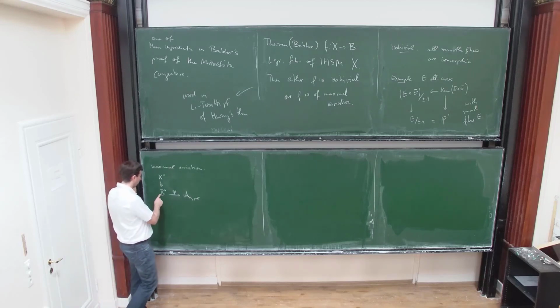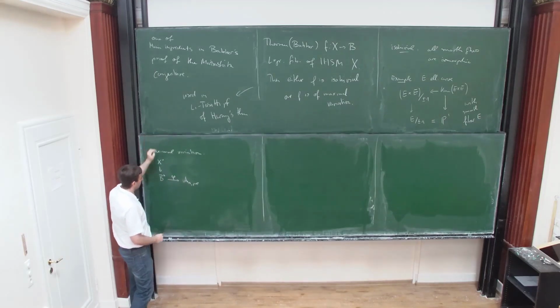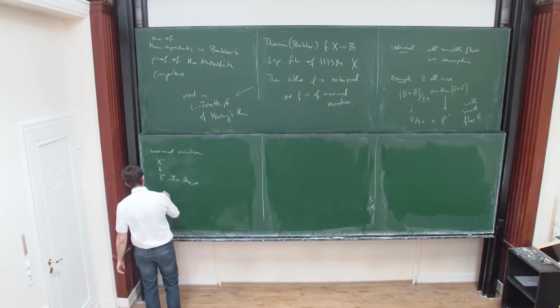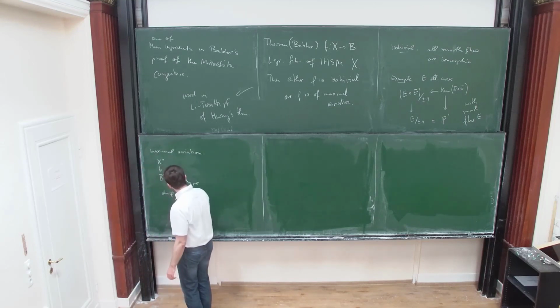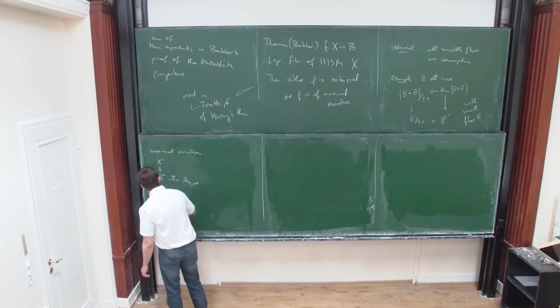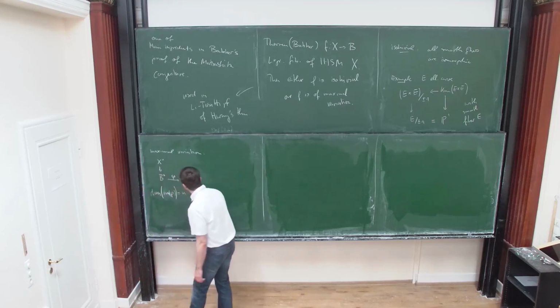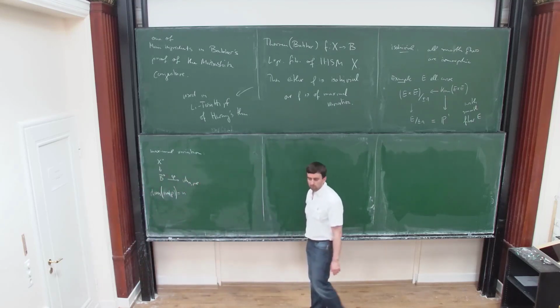I'm not 100% sure, but otherwise do it on the universal cover. So you have this phi here, and you want the dimension of the image of phi to be equal to n. That would be maximal variation.